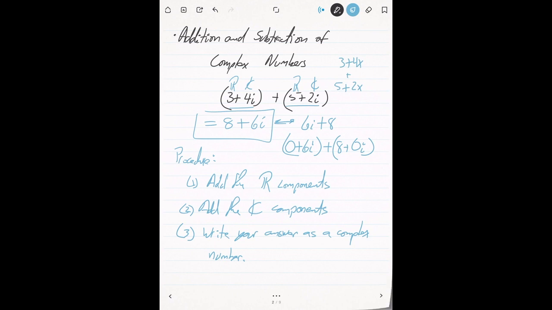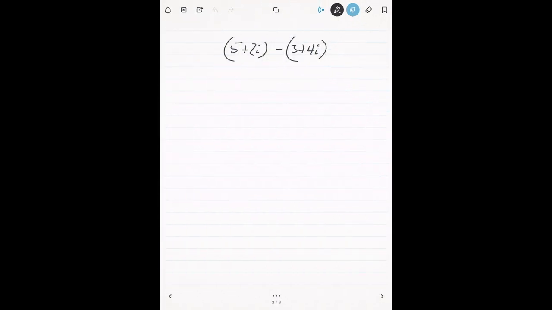Now, when it comes to subtraction, we're going to do the exact same process. Subtraction works just like addition. In fact, we can distribute this negative through. So we could write this as 5 plus 2i plus a negative 3 minus 4i.